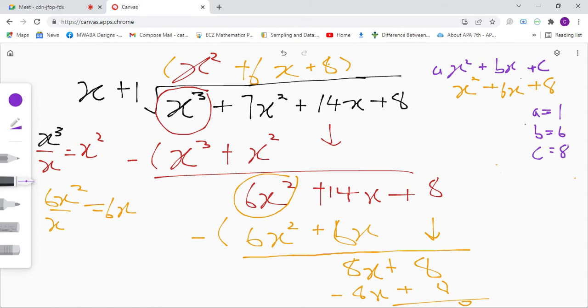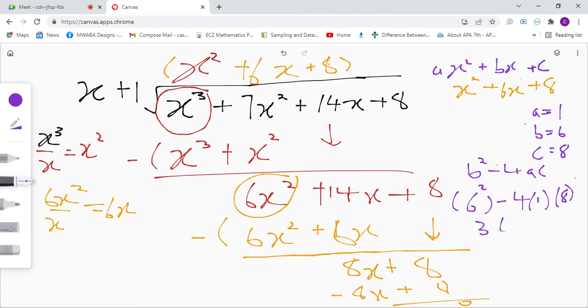Can we factorize this? Let's use our discriminant here. B squared minus 4ac. Our b is 6, so we say 6 squared minus 4 times 1 times 8. 4 times 8 is 32. 6 times 6 is 36.